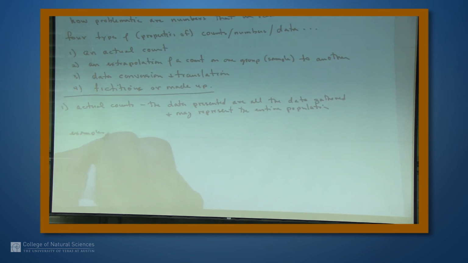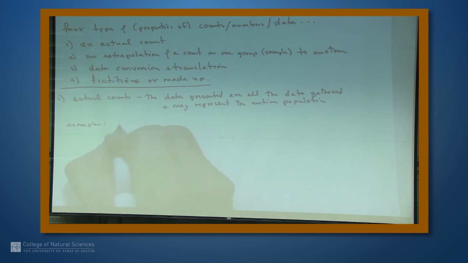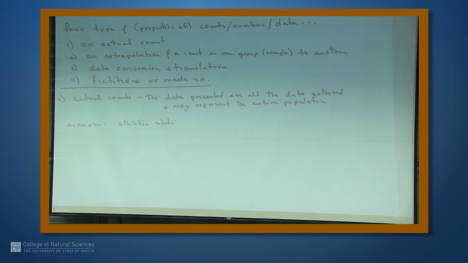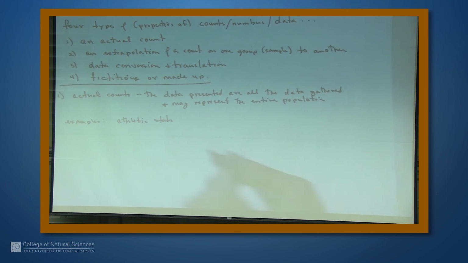There's some obvious examples of this. Athletic stats. Right there, we often have everything at our fingertips. We know the team's win-loss records going back through time, number of championships. We know the batters, batting average, runs batted in, etc. These are complete sets of data, and there's no issue with much of anything.